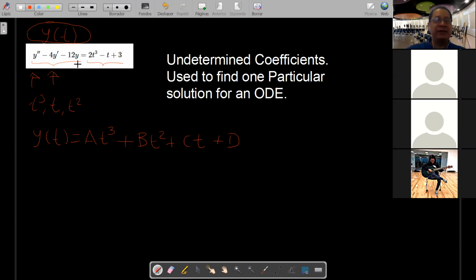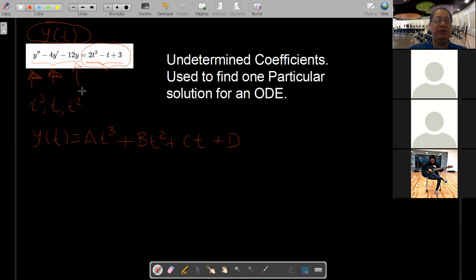And what does that exactly mean? Well, you take your y and multiply it by 12. You take your y and take the first derivative and the second derivative. And then you do this operation, this addition. To the second derivative, you have to subtract 4 times the first derivative. You have to subtract 12 times y. And that should give you something like this.